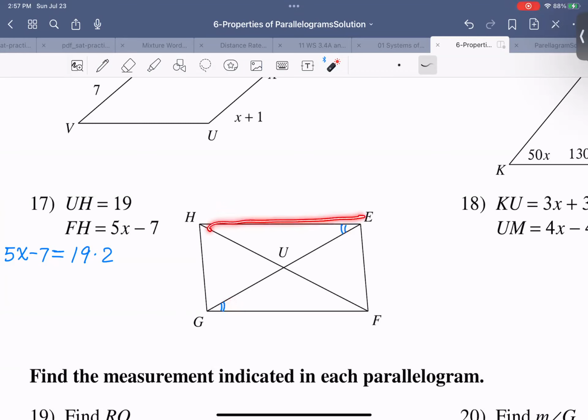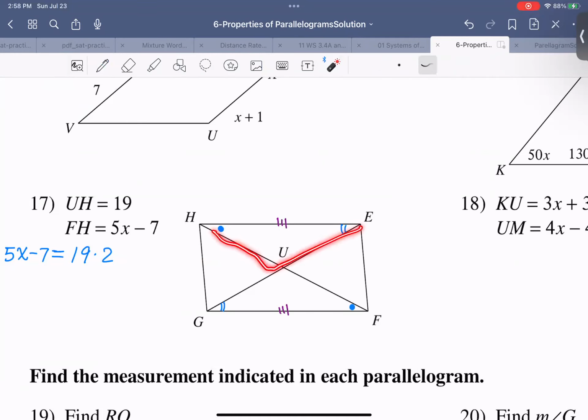And by the property of parallelogram, the opposite sides are also equal, right? Yes. And at the same time, these two angles are also equal, right?